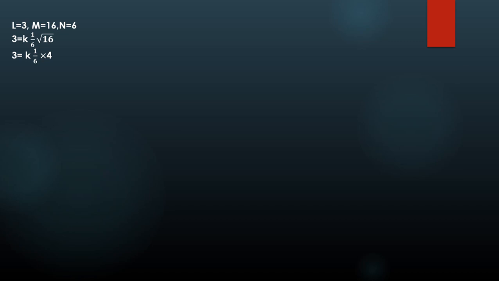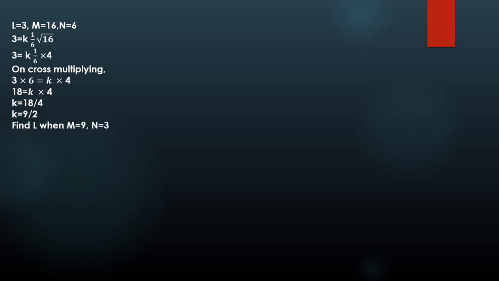So I would like to cross multiply. That gives me 3 times 6 equals K times 4. So that will be 18 equals K times 4, making K the subject of the formula again. I have K equals 18 divided by 4, and that would give me K equals 9 over 2.